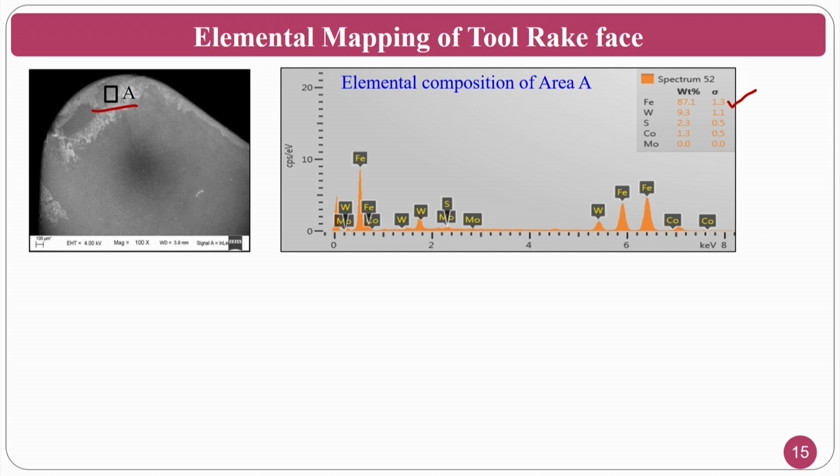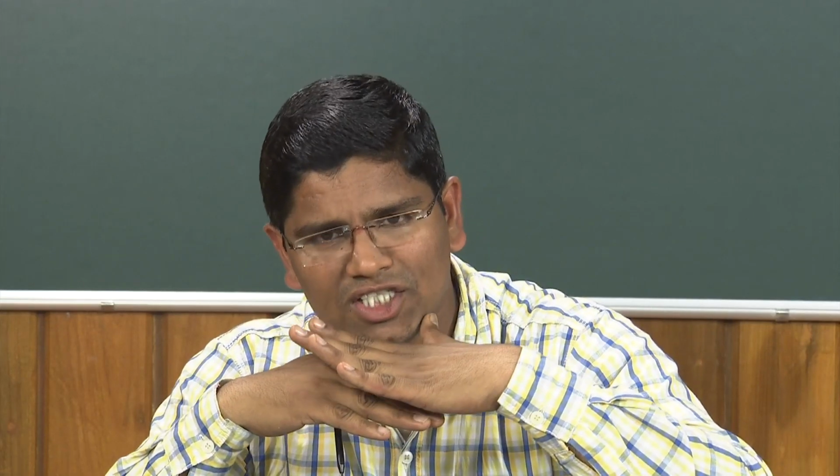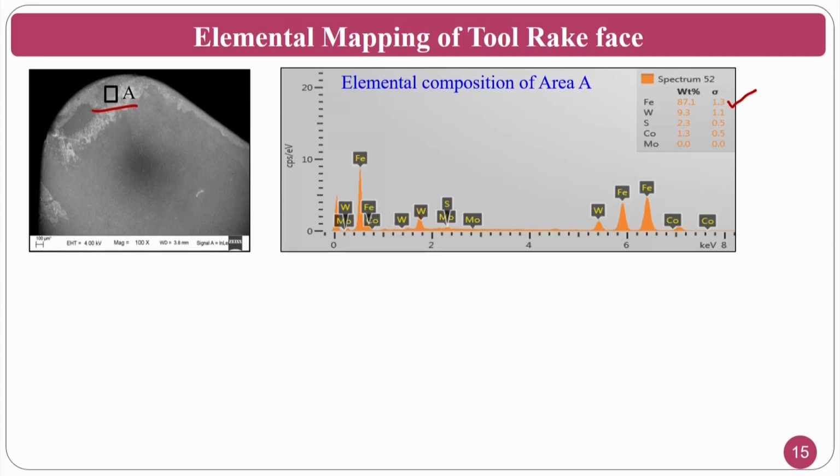That means this portion contains a lot of iron, so there is adhesion of chip material on the tool surface. I confirm this using electron bombardment in the scanning electron microscope with EDAX analysis, that is, elemental analysis. Tungsten carbide is there, and cobalt will be there as the binder material.